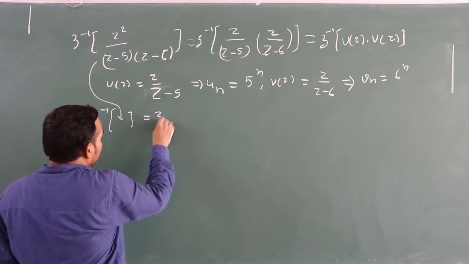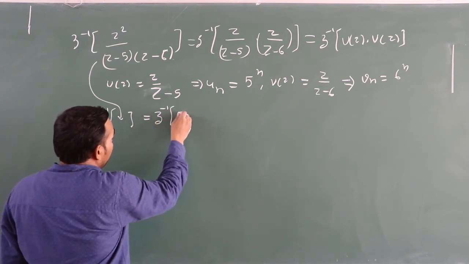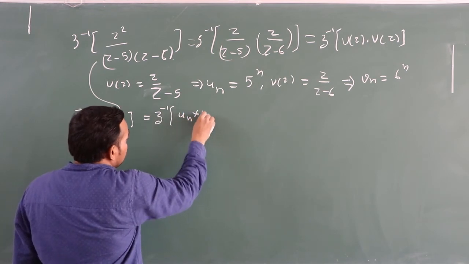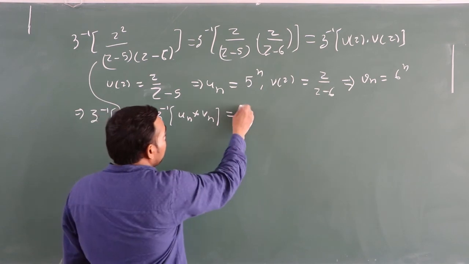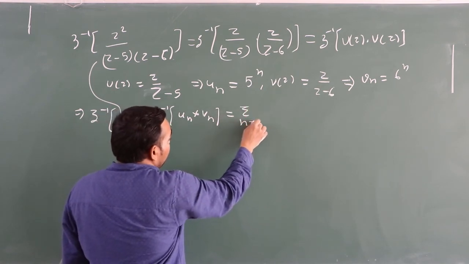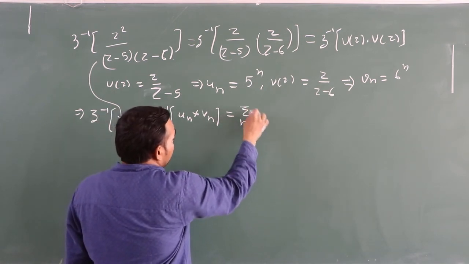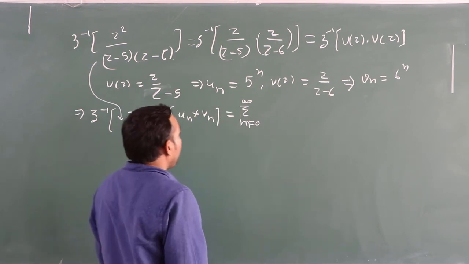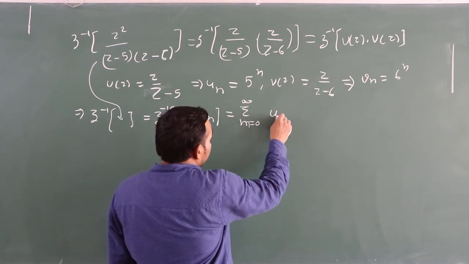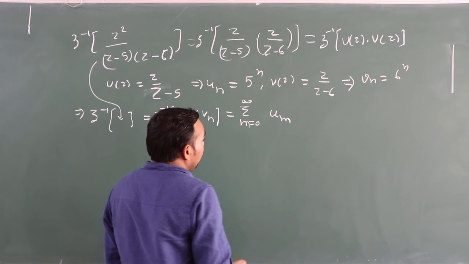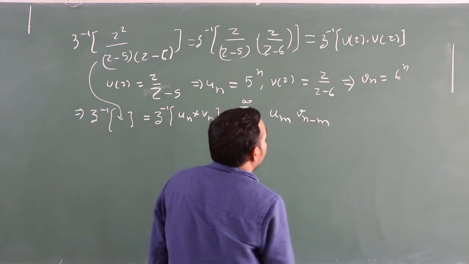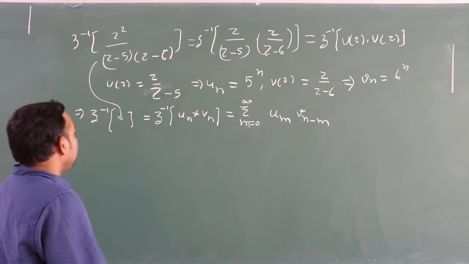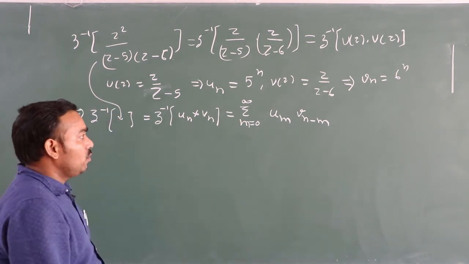By the convolution theorem, the inverse z transform of this is simply the inverse z transform of u_n star v_n, which can be written as the sum over m equal to 0 to infinity of u_m v_(n minus m), by convolution.